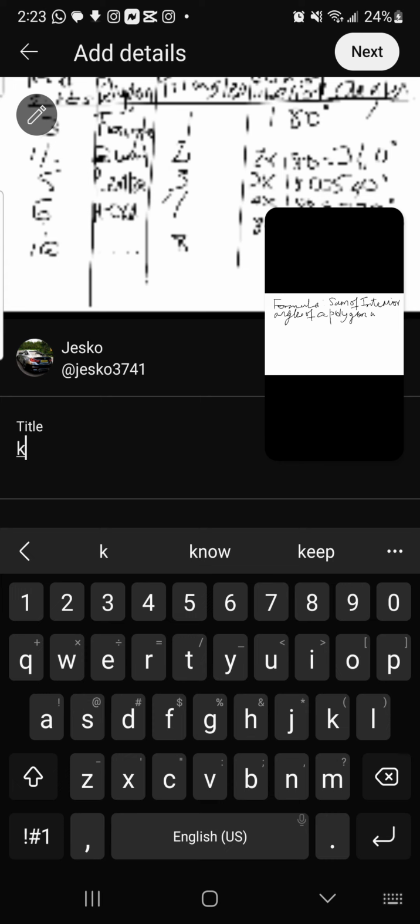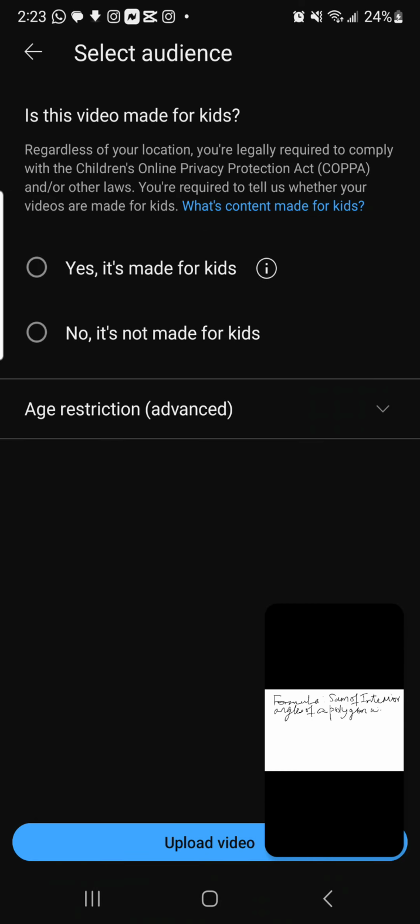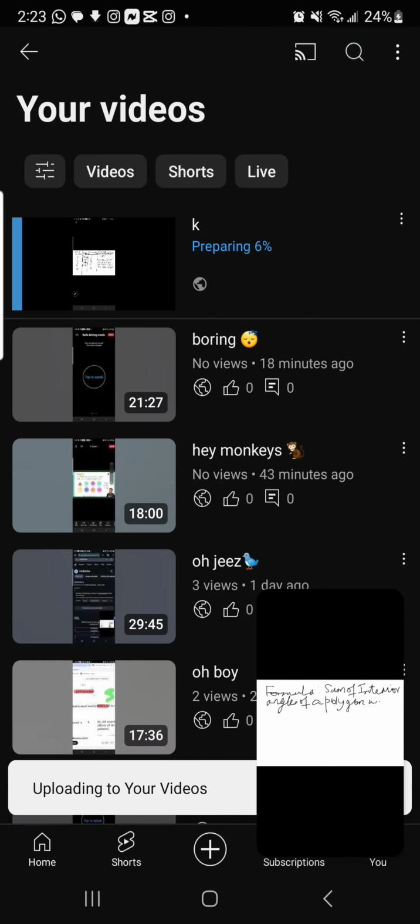Of a polygon with n sides. A polygon with n, letter n, sides.